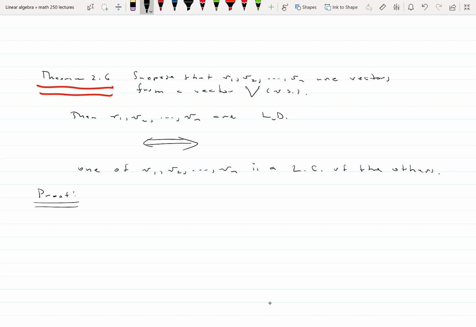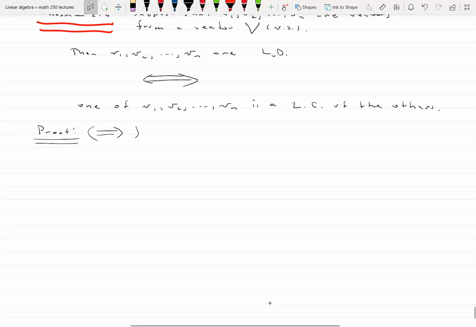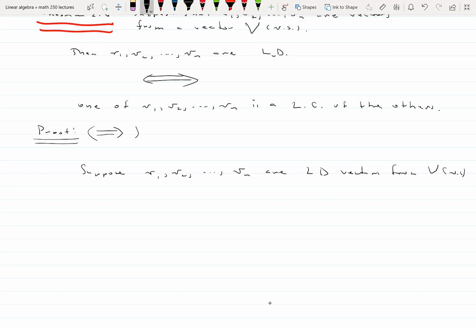Let's prove the forward direction first, which means we assume that we're starting with vectors from a vector space and that the n vectors are linearly dependent. So suppose v1, v2, all the way up to vn are linearly dependent vectors from V, a vector space.